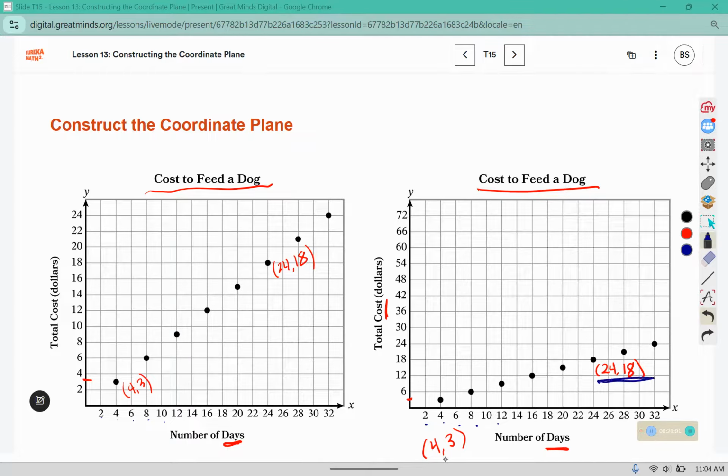These ones have the same exact points, but this one appears to be steeper or more expensive just because of the way that we've built the graph with the scale on the y-axis. So make sure that you're really interpreting what the graph is saying based on the coordinates, not just the shape that the graph takes.